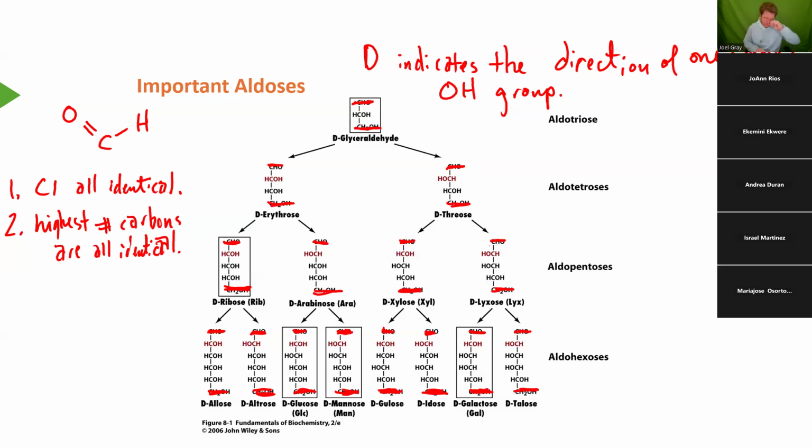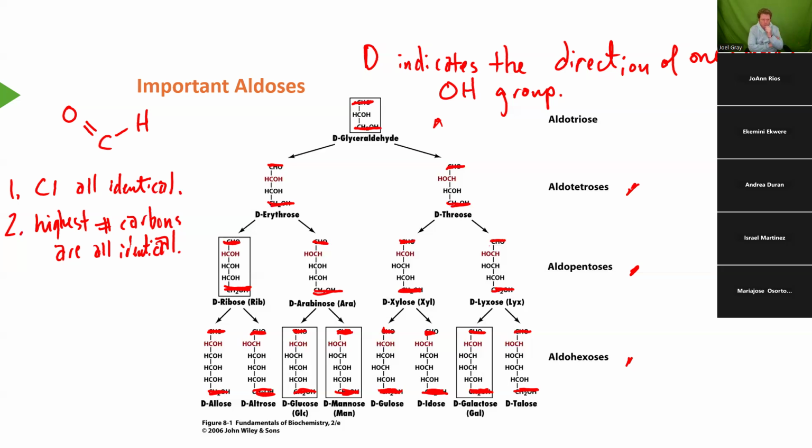Now take a minute and look through all of these structures. Look at the aldotrioses, the aldotetroses, aldopentoses, and aldohexoses. Do you notice something common or identical of all of these structures for the positioning of an OH group? And this is kind of a tricky question.